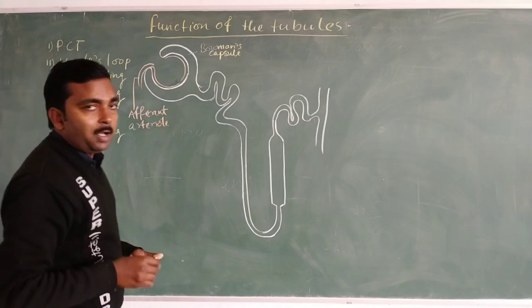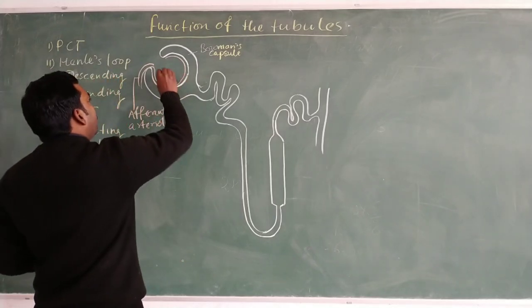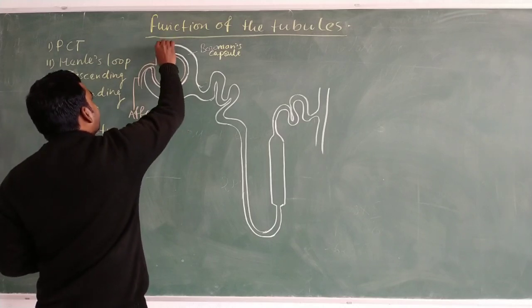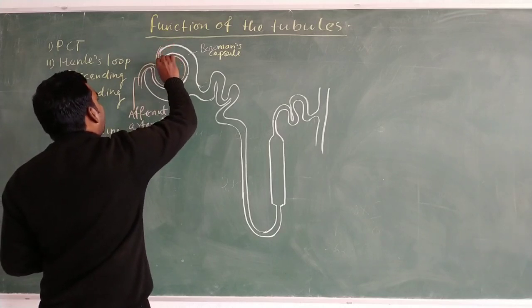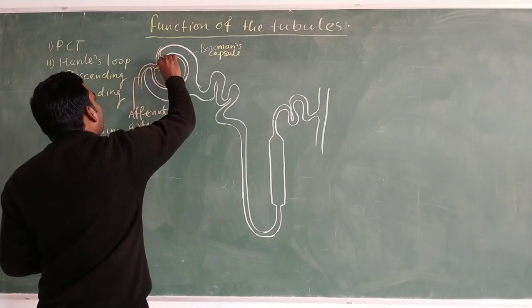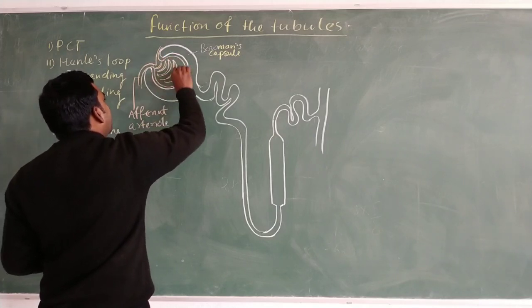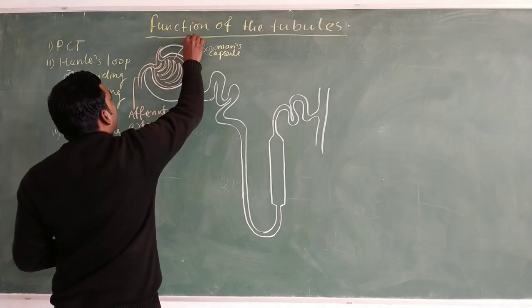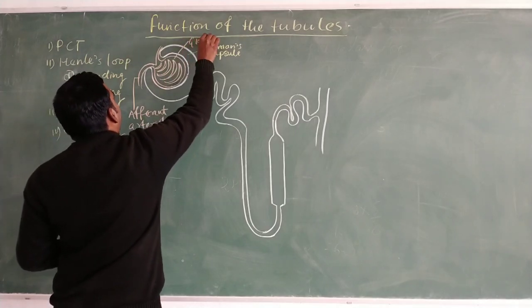This afferent arteriole branches to form the network of capillaries, and this network of capillaries inside the Bowman's capsule is known as the glomerulus.